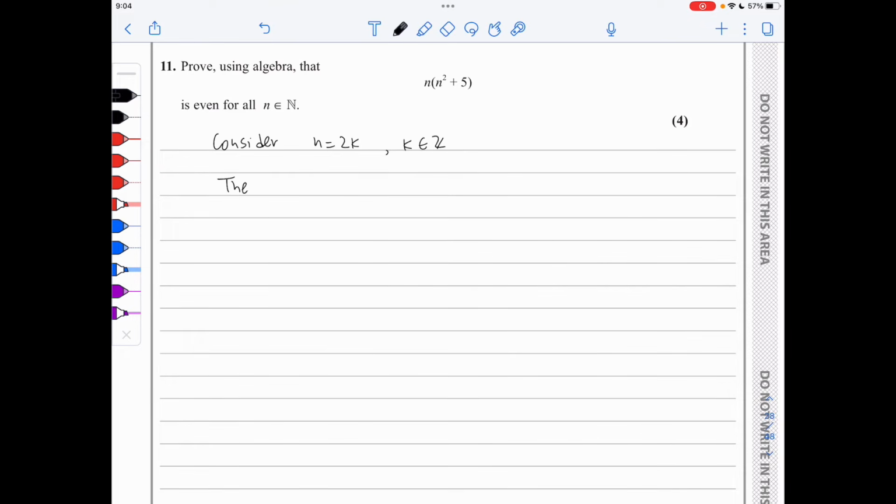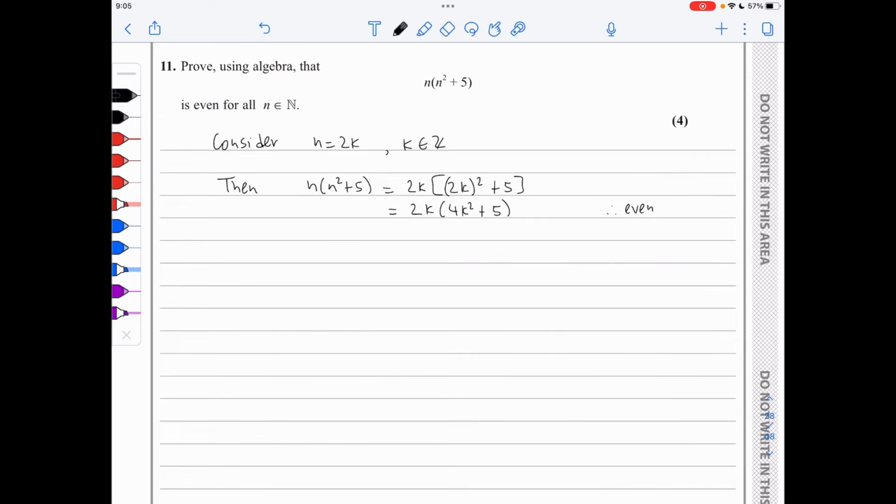Then n times n squared plus 5 will be 2k times (2k) squared plus 5, which is 2k times 4k squared plus 5. We notice the factor of 2 here, so we conclude that this is even.